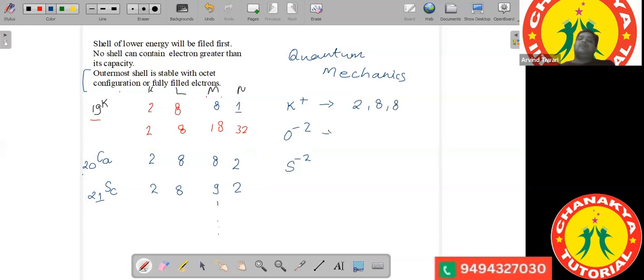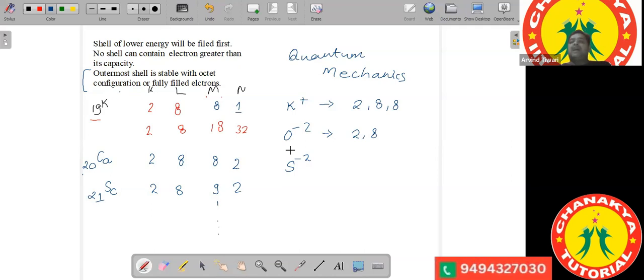In a similar way, oxygen has accepted 2 electrons. Oxygen originally has 8 electrons only, so now it will have 10 electrons. It will be 2, 8. So again, you can see why oxygen always gains 2 electrons, just to attain its stability.